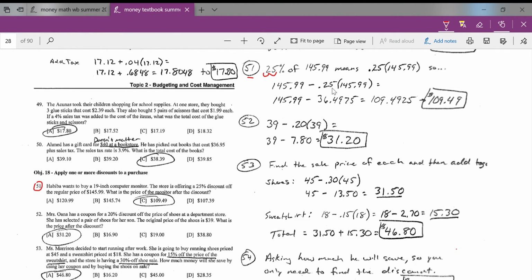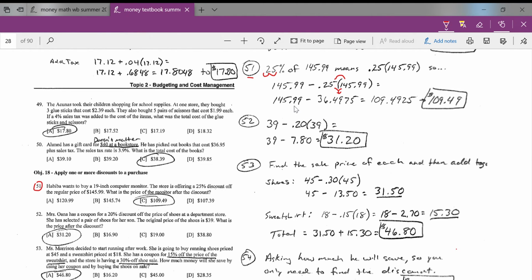I represented that math right here. When you take that times that, it's going to give you $36.4975, and we'll round that after we get to the final answer. So that's the amount of the discount.